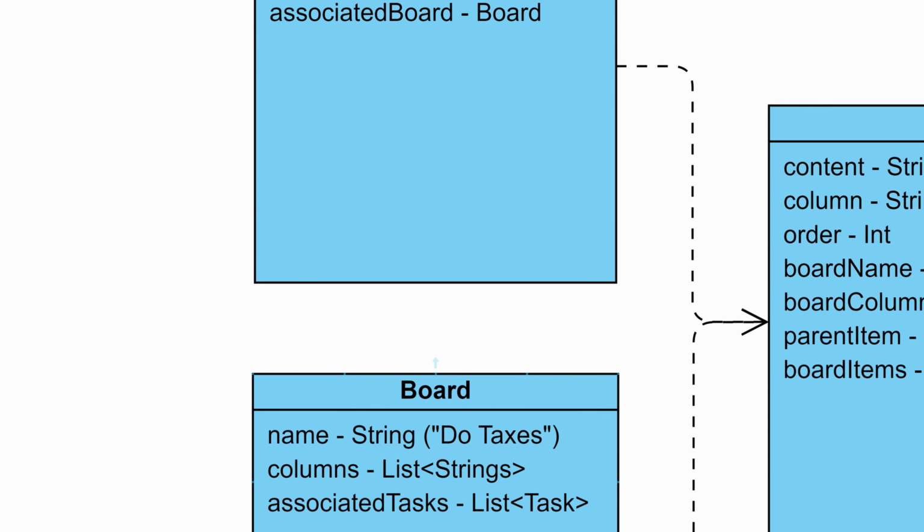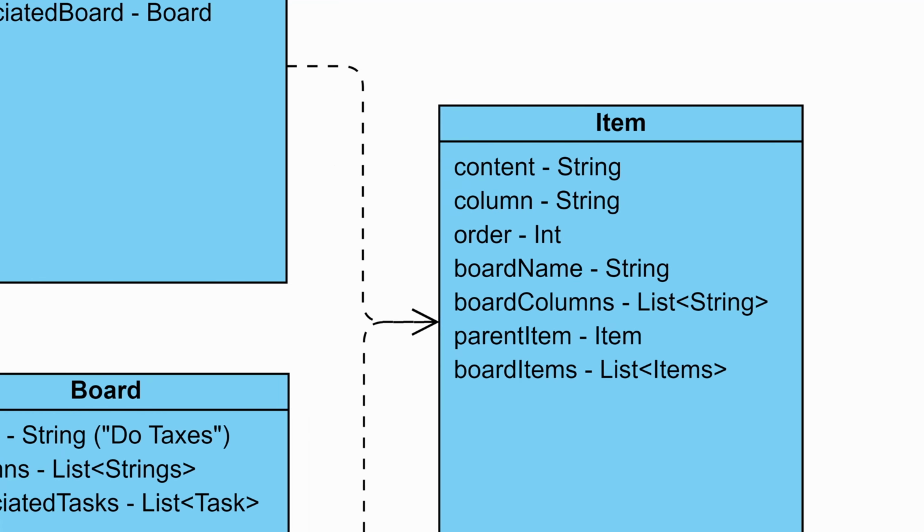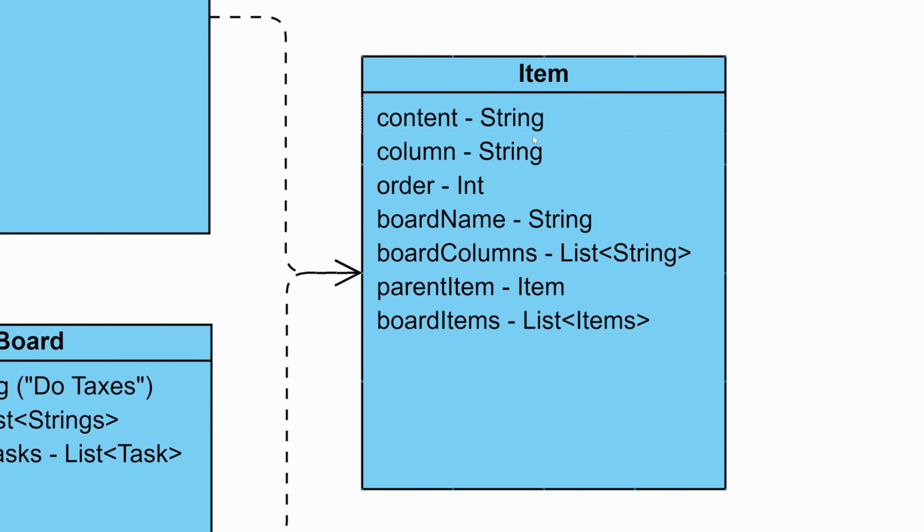Then what I decided to do was kind of combine these 2 into one and call it an item, is what I'm calling it now. I want to differentiate between a task board, so I called it an item. And again, the item has a lot of attributes. So it has the task's content, the task column, the task's order, but then it also has board attributes like the board name, the board columns, and then also the parent item.